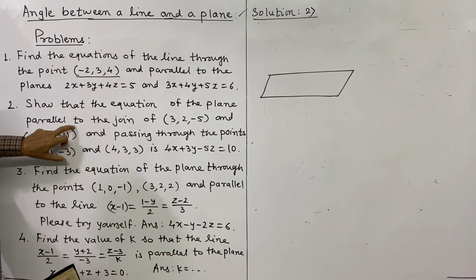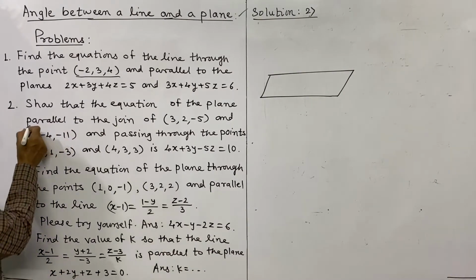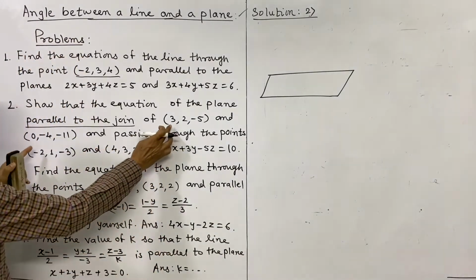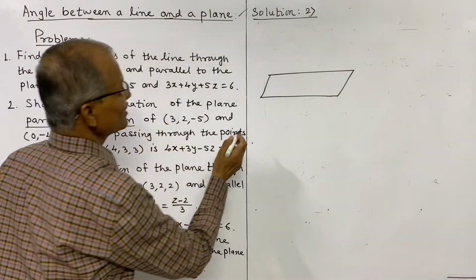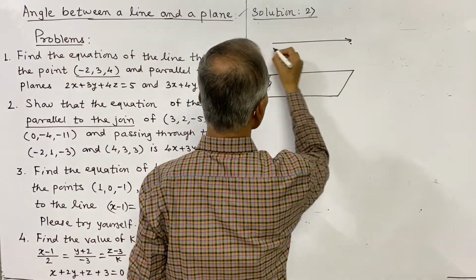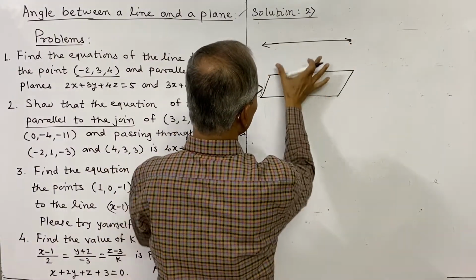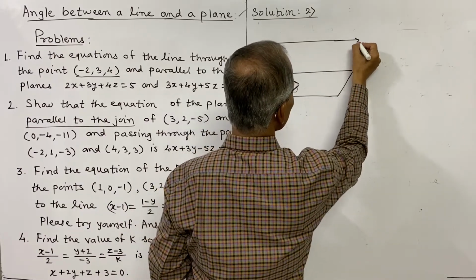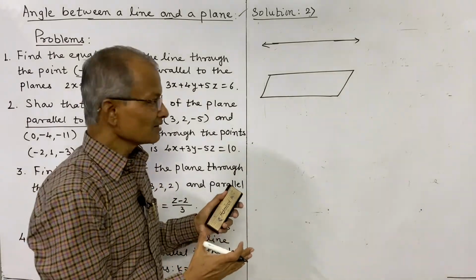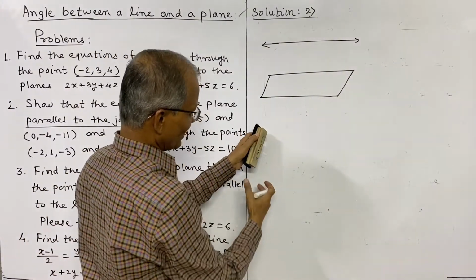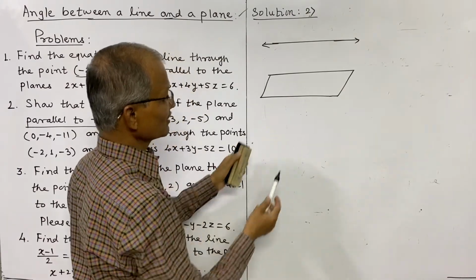Parallel to the join means parallel to the line joining these 2 points. So we shall suppose this line is parallel to the plane. For simplicity, we have drawn the figure, so it is not necessary that this must be horizontal. The plane may be like this and the line may be like this.